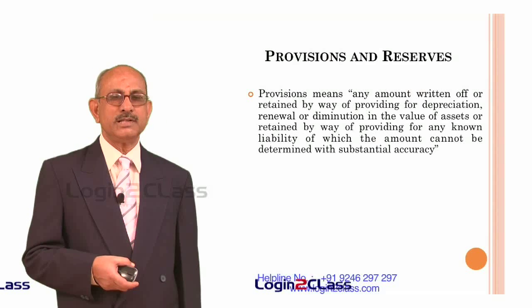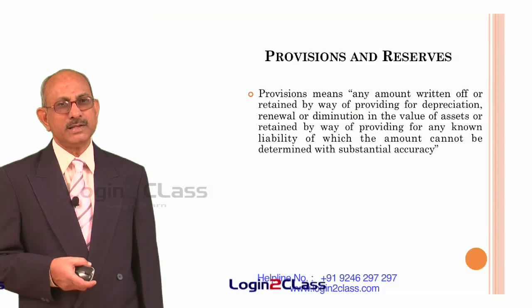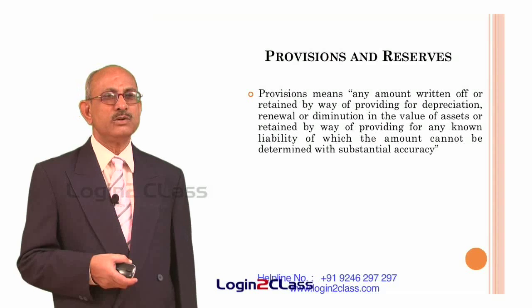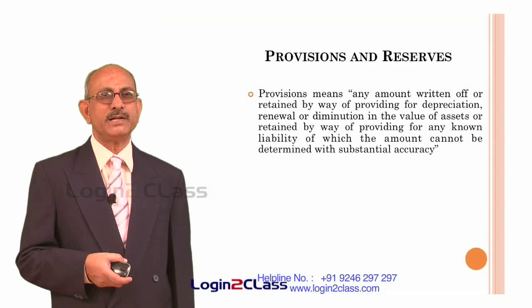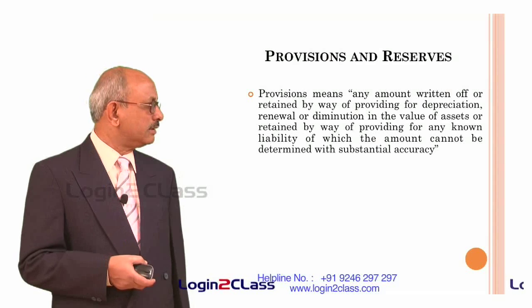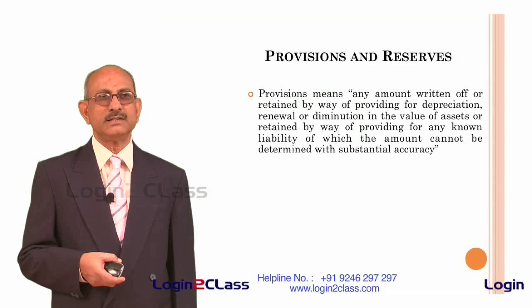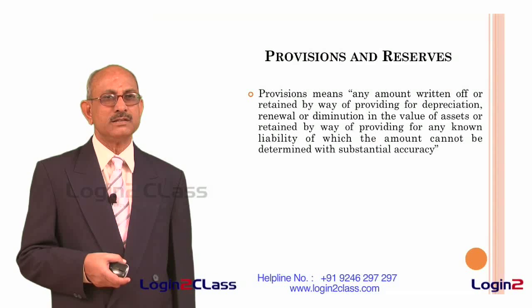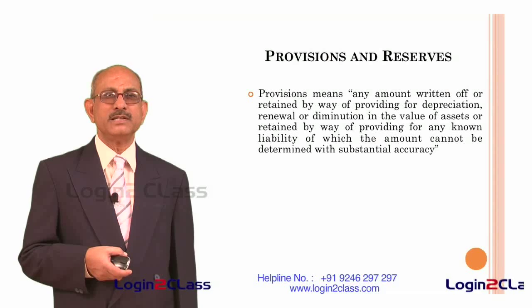Or for example, there is a suit filed against the entity, and in which you anticipate that a certain amount needs to be paid to the party which has filed the suit. So you provide separately for that. Or let us say you have a wage agreement which is under discussion with the employees, with the workers, and you need to provide certain extra money towards wages of the workers.